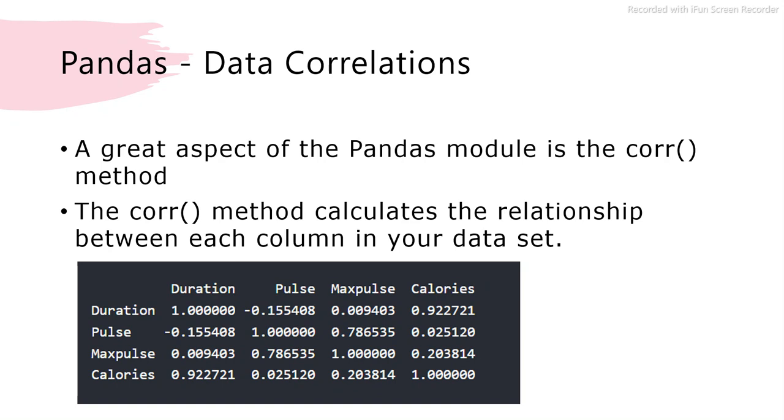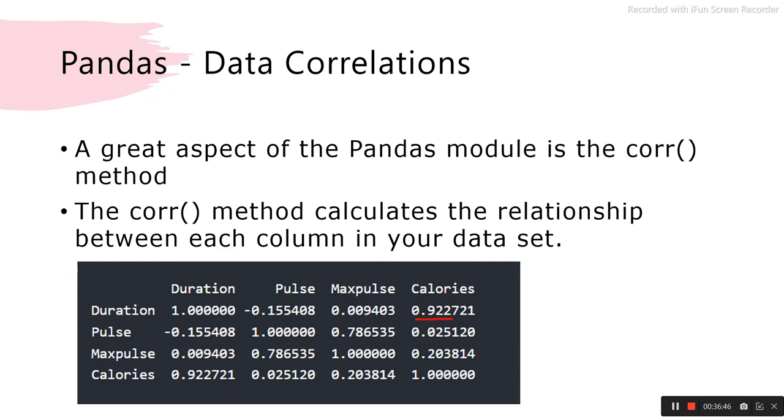That's why you can see this output here, 0.9. These values will be mostly from -1 to 1. If it is almost nearing 1, for example 0.8 or 0.91, it means there is a strong correlation between the two data, calories and duration.